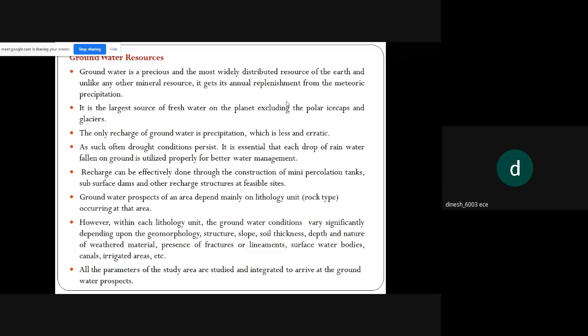However, within each lithology unit, the groundwater conditions vary significantly depending upon the geomorphology, structure, slope, soil thickness, depth, nature of weathered material, presence of fractures or lineaments, surface water bodies, canals, irrigated areas, etc. All the parameters of this study are studied and integrated to arrive at better groundwater prospects.